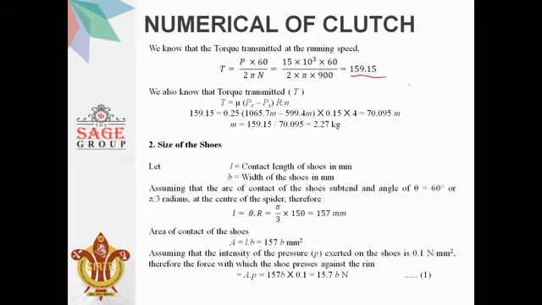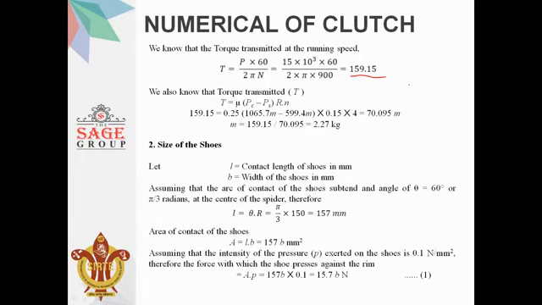We have assumed that. Therefore, l is equal to theta into R, which is equal to pi by 3 into 150, which means 157 mm. So we have got the value of length, which is equal to 157 mm.